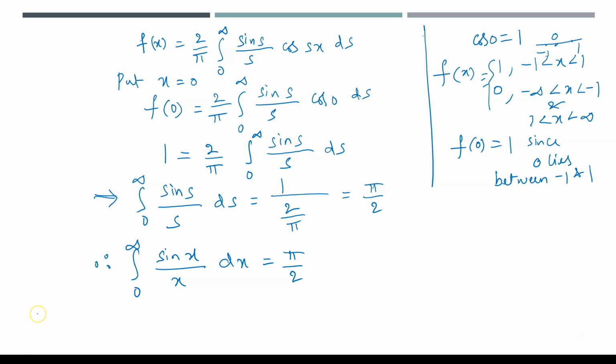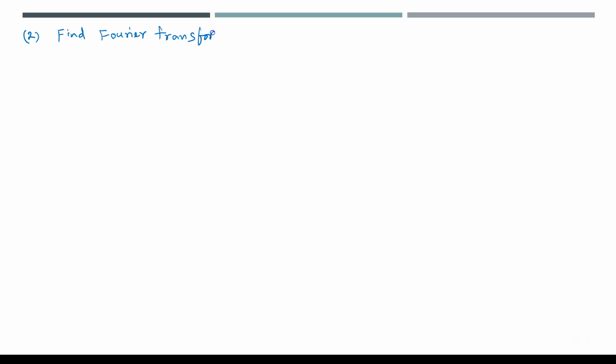Next question is: find the Fourier transform of f(x) equal to 1 minus x square for mod x less than or equal to 1, and 0 for mod x greater than 1.